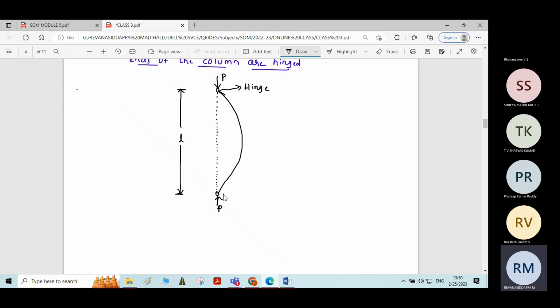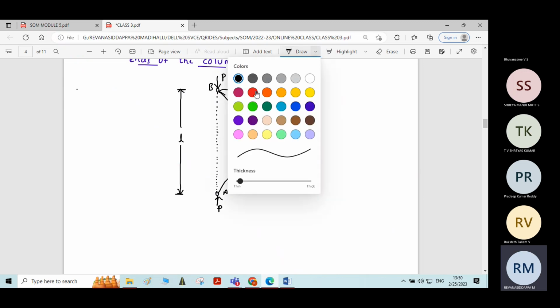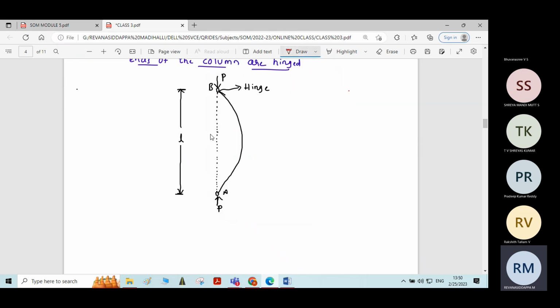So you consider this as end A, this as end B. Now for derivation purpose, let us consider a point along the column at a distance x from end A, and the corresponding deflection at a distance x, let us take it as y.